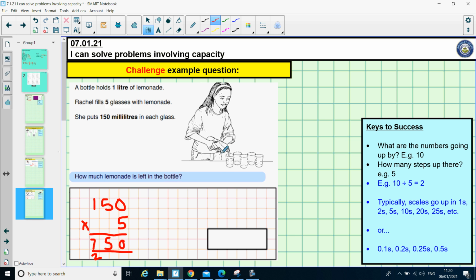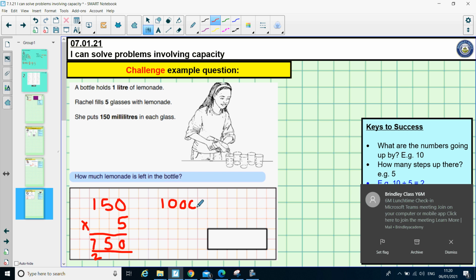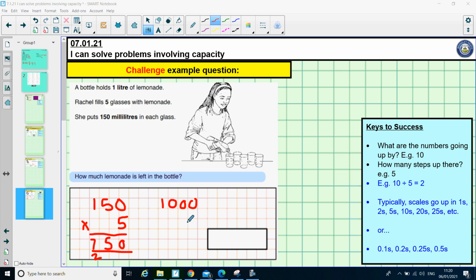That doesn't answer the question yet though. The question says how much lemonade is left in her bottle. So she had 1 litre to start with and she's poured out 750 millilitres. 1 litre is the same as 1,000 millilitres. Take away my 750 millilitres.